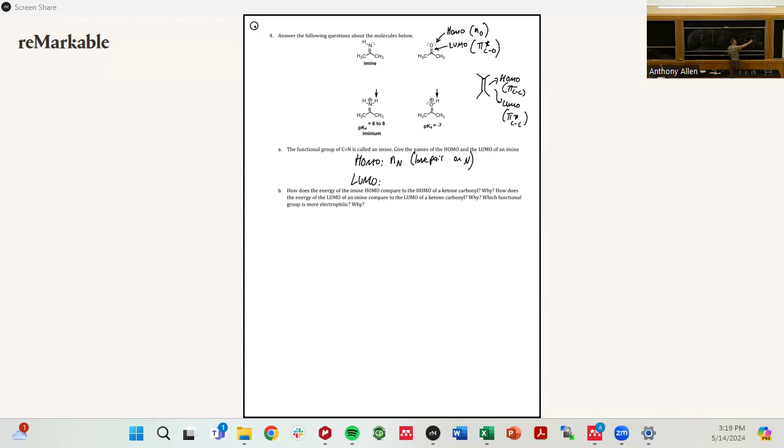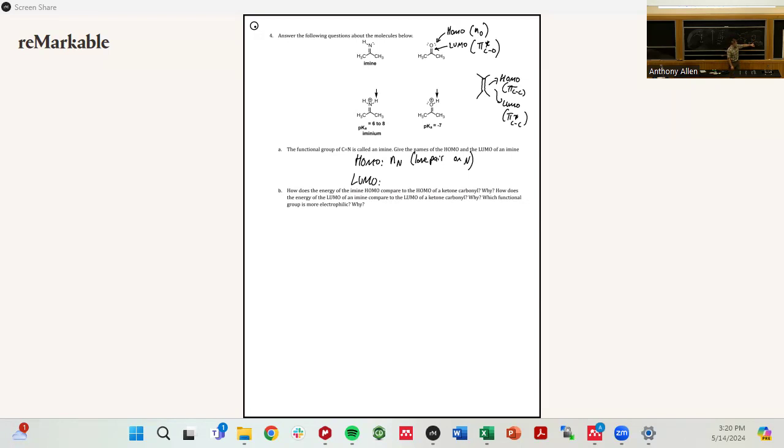I have a pi bond at the nitrogen. That only leaves sp2 for the lone pair. Okay, now we get to this one. This nitrogen, does it have any pi bonds? No. So where can those electrons be? In the p orbital.